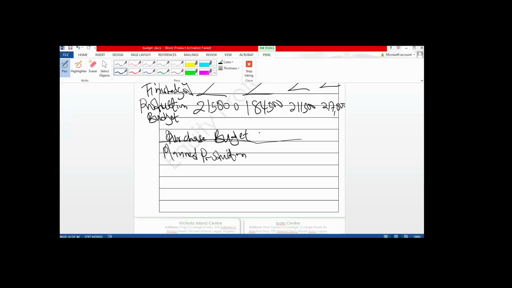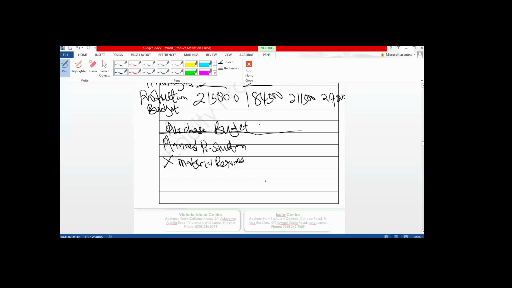If you are to do purchase budget, you start with your planned production, then multiply by material required per unit. That will give you total material usage.